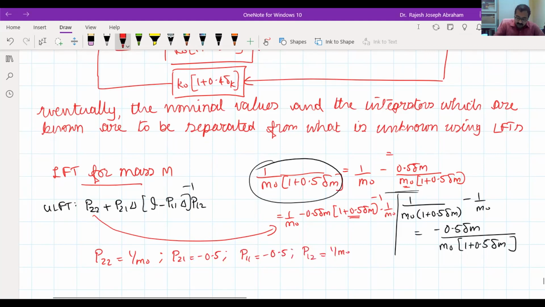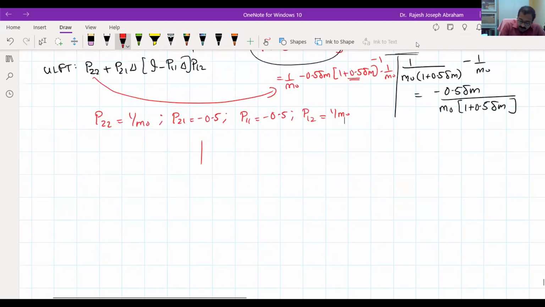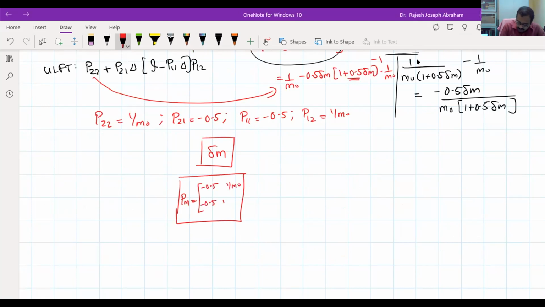So the perturbed mass can be represented as a ULFT like this: P11 minus 0.5, P12 1 by m naught, P21 minus 0.5, and P22 1 by m naught. This is my mass representation, this is the related output, and this is the external input. So mass we have represented in ULFT form.